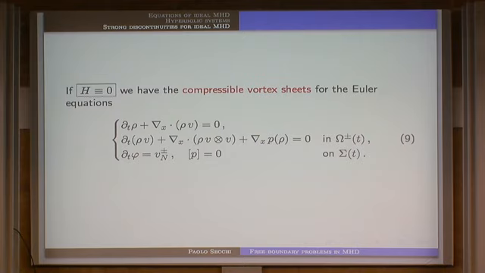So we have only the continuity equation, the equation for the momentum, and here the boundary conditions on the front, the Rankine-Hugoniot conditions. So the so-called vortex sheets. Again, we may have a jump in the tangential velocity, so a concentration of vorticity.